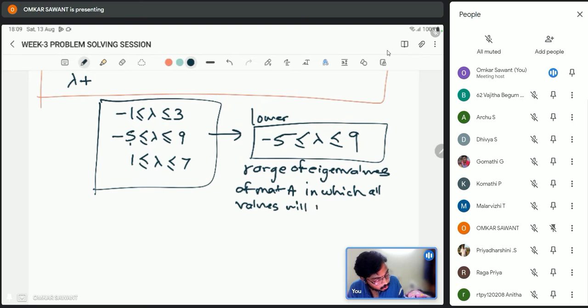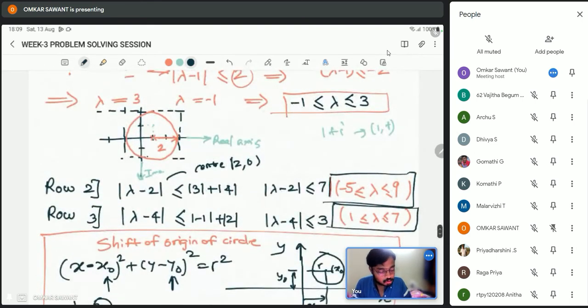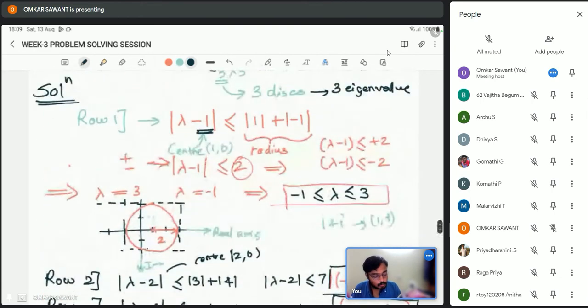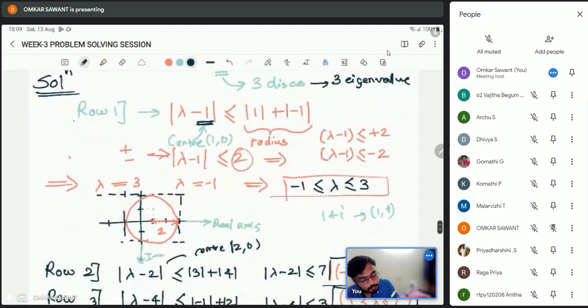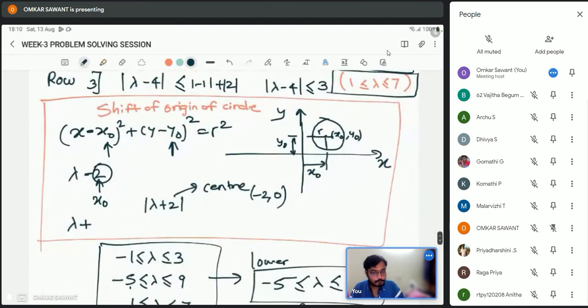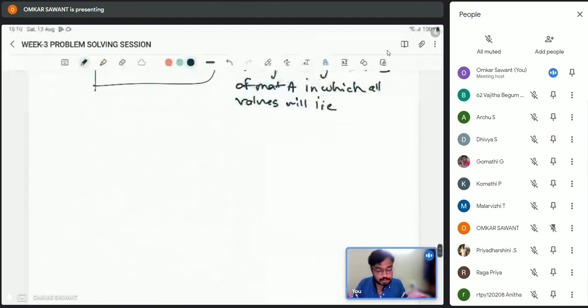If you plot it geometrically like this, you will understand it in a more practical sense, like we did for row 1. So this is your Gershgorin circle.